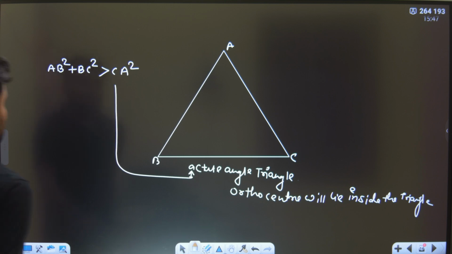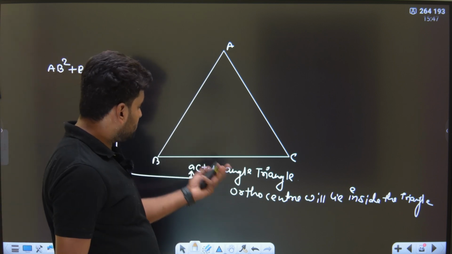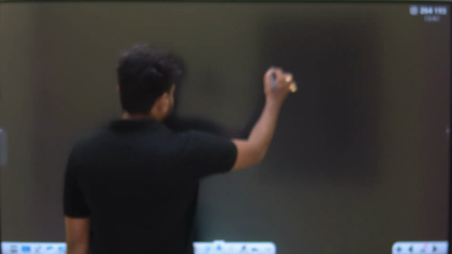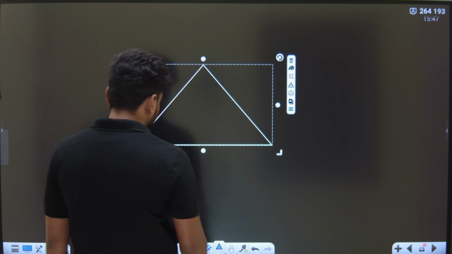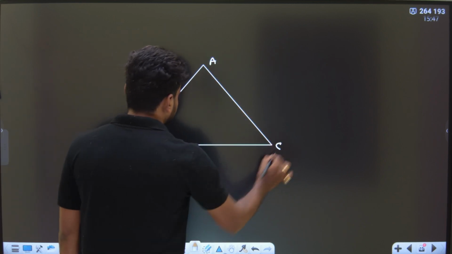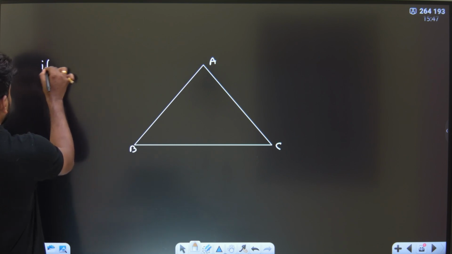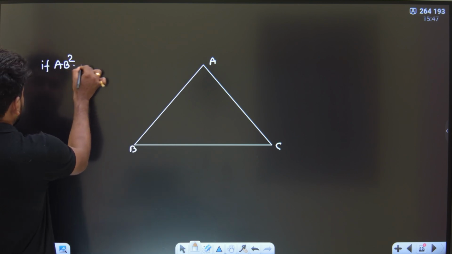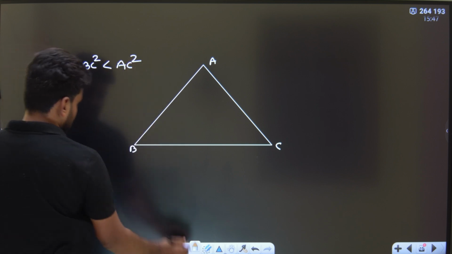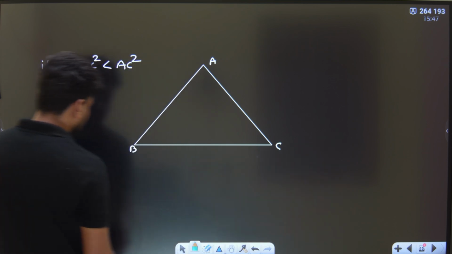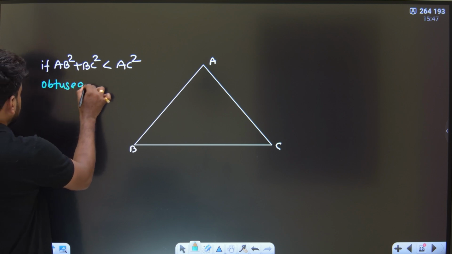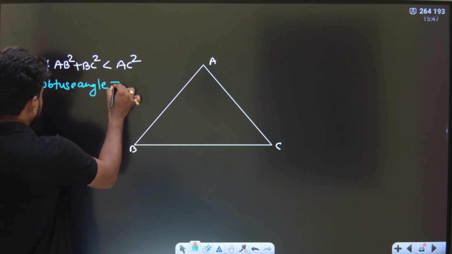Now suppose the triangle is an obtuse angle triangle. What is an obtuse angle triangle? If AB square plus BC square is less than AC square, in that case the triangle is called an obtuse angle triangle.